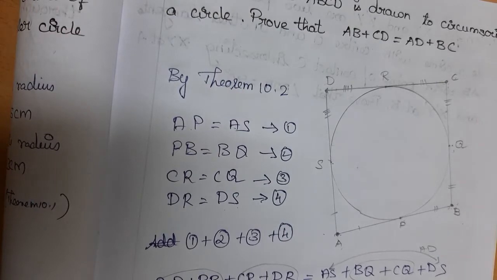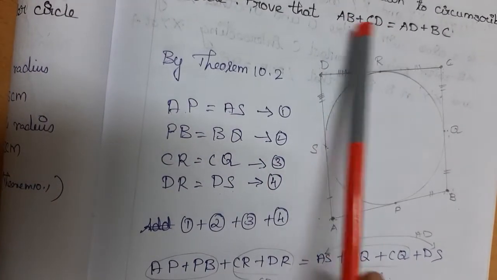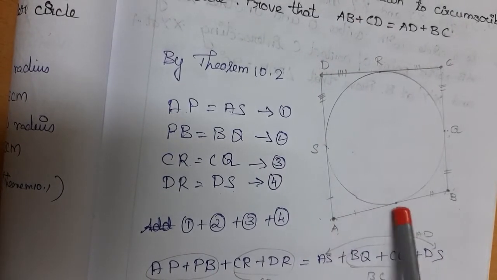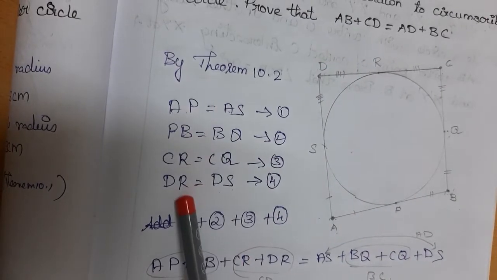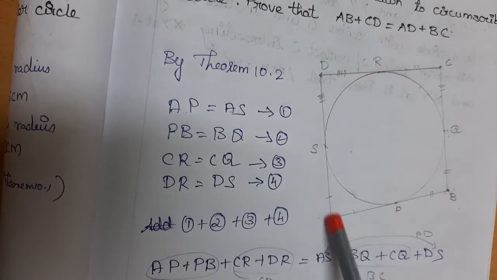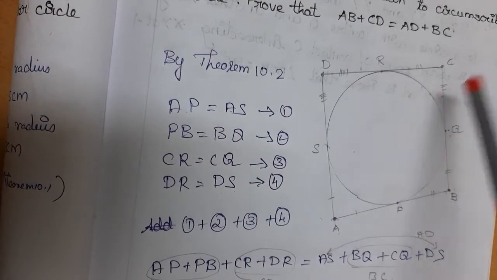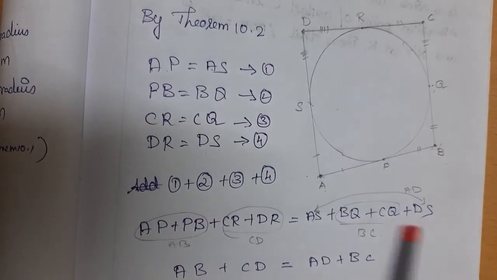The only thing we have to be very careful about is that we should not alter these positions. We need the AB and CD sides in the LHS, so AP and PB and CR and RD go in the LHS, and the rest, the AD and BC sides, that is AS and SD and BQ and QC, go in the right-hand side. So while adding we will get it easily.